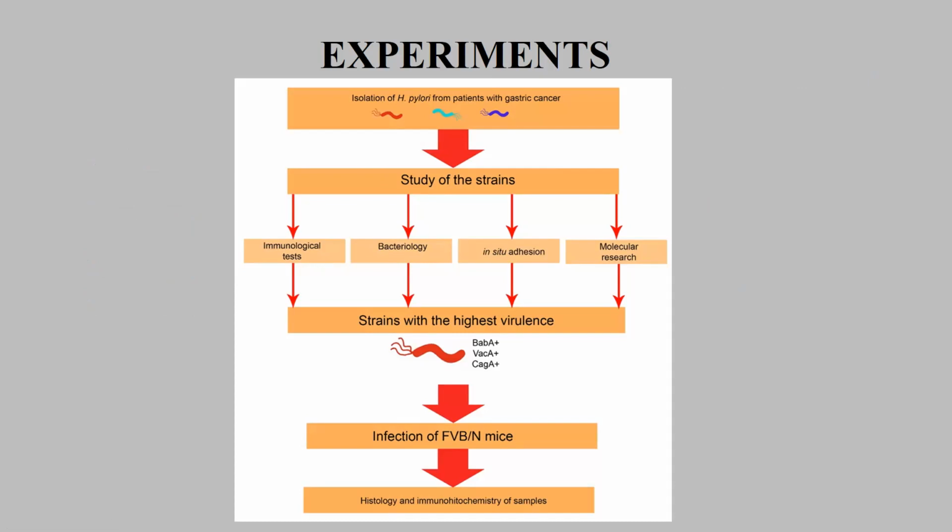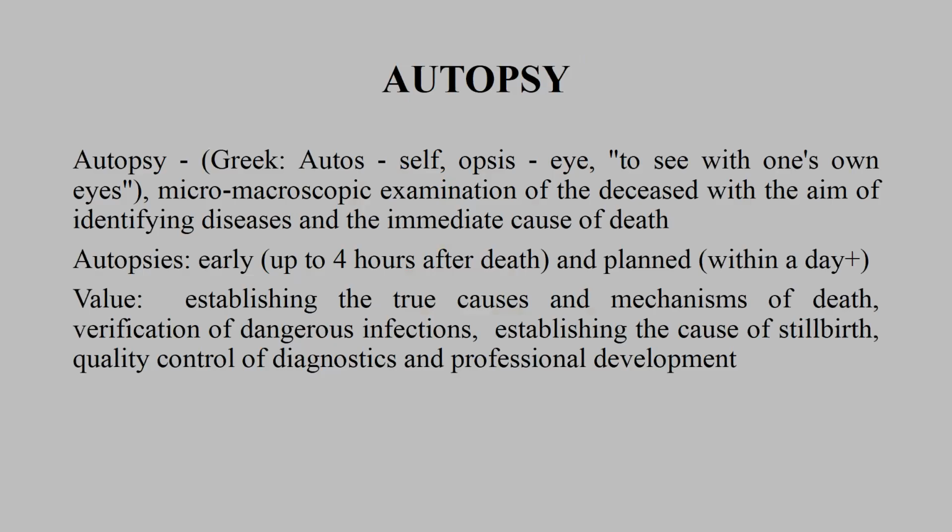We talk about Helicobacter pylori, which we can first study for strains, and later we infect some experimental mice or other animals, and make some study by histology, immunohistochemistry, and other methods. The most famous method related to pathology is autopsy.